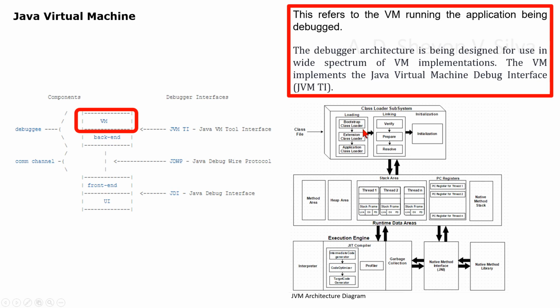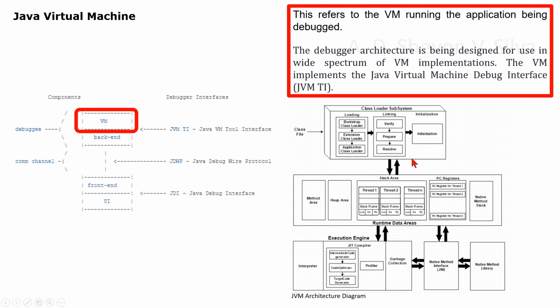Bootstrap class loader is connected to extension class loader. Extension class loader is connected to application class loader. Loading is connected to linking. Verify, prepare and resolve are inside linking. Verify is connected to prepare. Prepare is connected to resolve. Linking is connected to initialization.